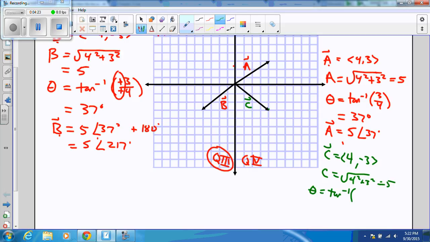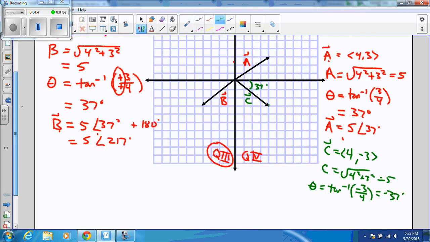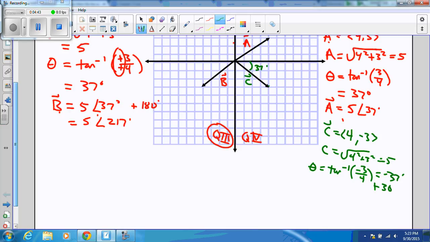And I compute the angle, which is the inverse tangent of y over x, or the inverse tangent of -3 over 4. The calculator is going to tell me -37 degrees, meaning that it is 37 degrees south of due east. That's not exactly standard form, but I can put it in standard form by adding 360 degrees to it. And when I do, then I get 323 degrees. That would be measuring all the way around here, 323.